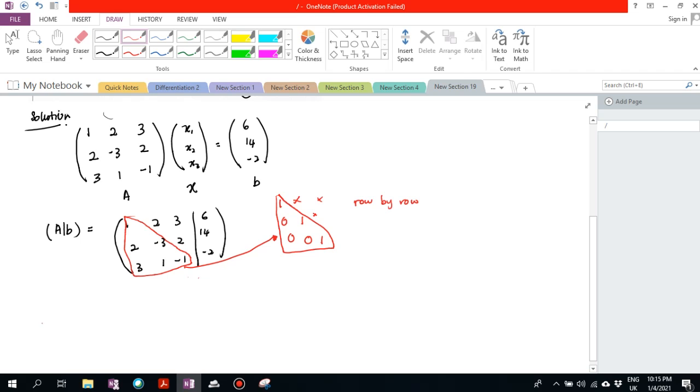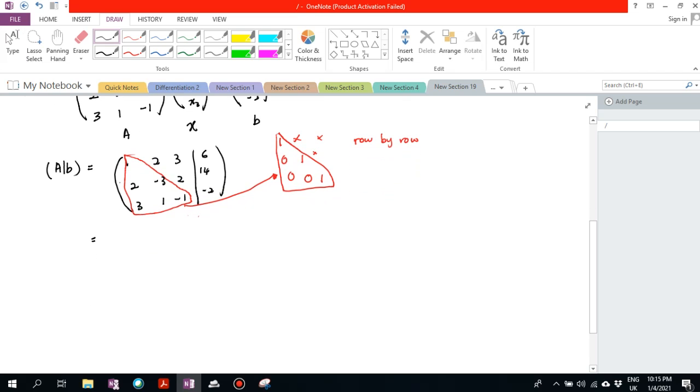So in this case, again, I just put it again: 1, 2 and 3, then you have 2, negative 3 and 2, you have 3, 1, negative 1, then you have 6, 14 and negative 2.